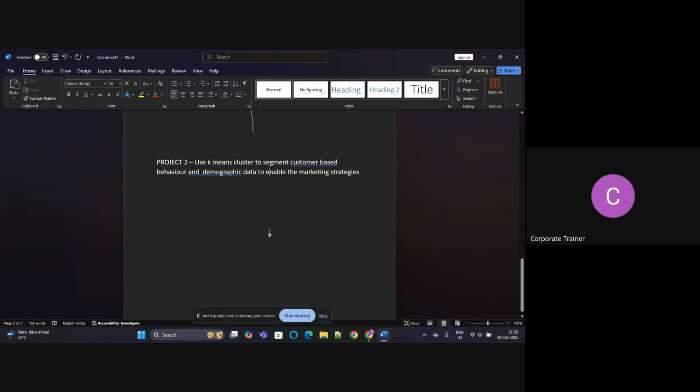For this, you have to pull some data. I give you the freedom, you can pull anything. Now you have to clean the data using EDA, and after EDA you can figure out whether the data is meaningful or not. Then you have to work on some graphical things using scikit-learn k-means clustering.